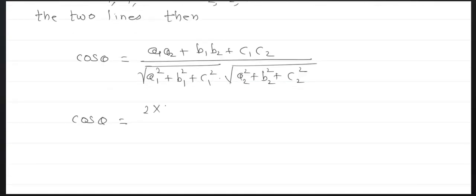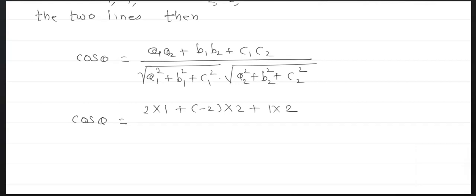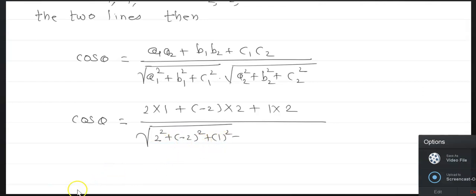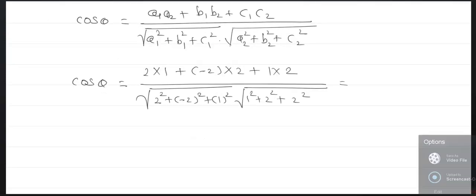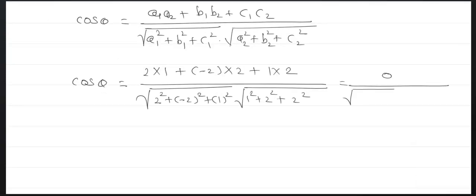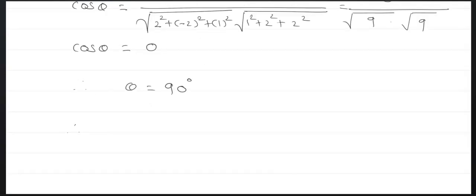Substitute the values: cos theta is equal to (2 into 1 plus minus 2 into 2 plus 1 into 2) upon root of (2 square plus minus 2 square plus 1 square) into root of (1 square plus 2 square plus 2 square), that is 0 upon, therefore cos theta is equal to 0.